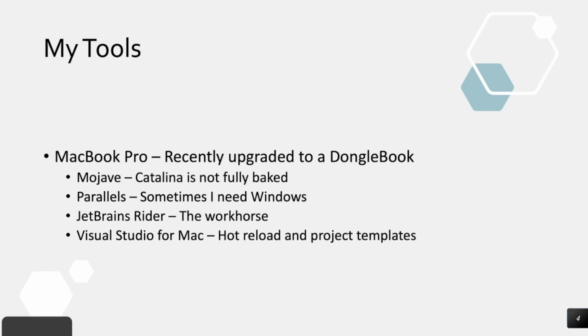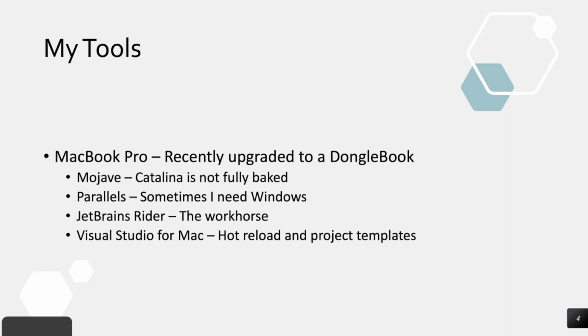My primary IDE is JetBrains Rider. I use Rider every day, and I have been for about a year. It's really changed the way I develop. For a long time, I was switching back and forth between Visual Studio for Mac and Rider, and now I tend to live in Rider for almost all purposes.